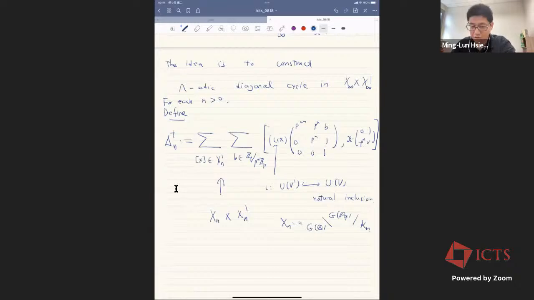So a formal combination of points in X_n. Okay, and you can also regard this as a Picard of X_n cross X_n'. So the lemma is the norm compatibility.